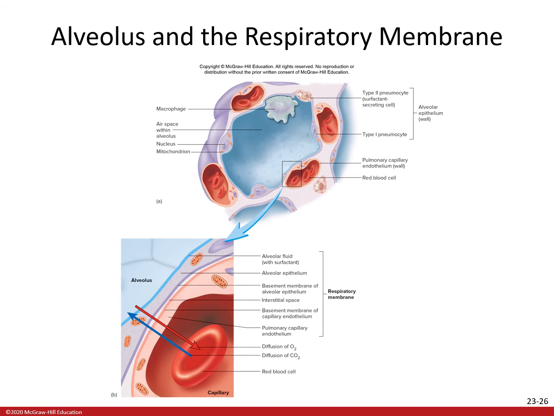Here we have a nice illustration, and I will talk about both of these here. So for the top illustration, where you see that little A, that is a section of an alveolus showing the air-filled interior and thin walls composed of simple squamous epithelium. The alveolus is surrounded by elastic connective tissue and pulmonary capillaries, so it's just showing you those layers there.